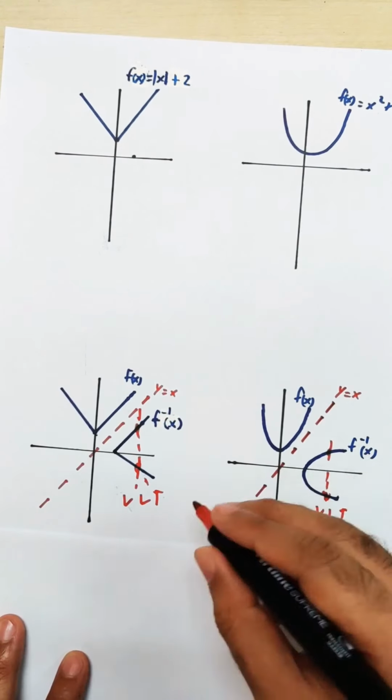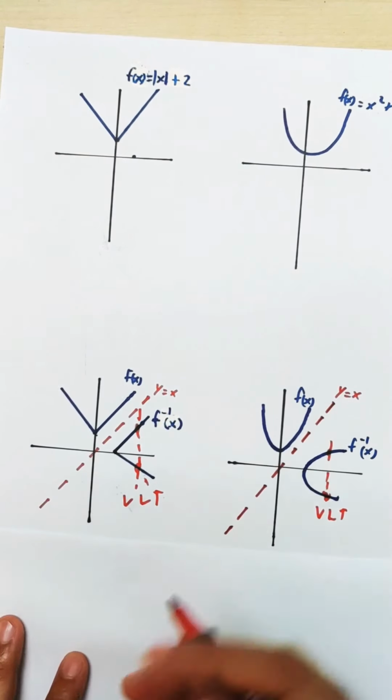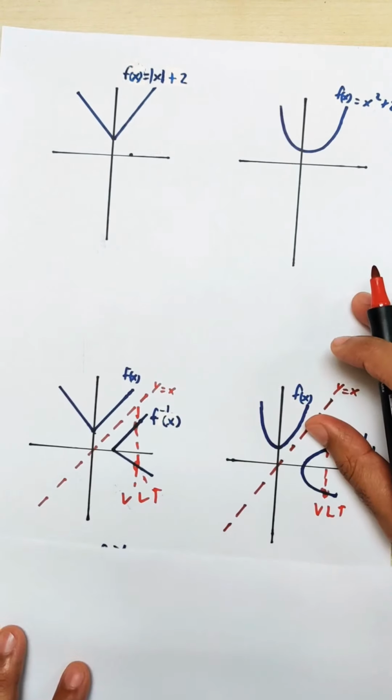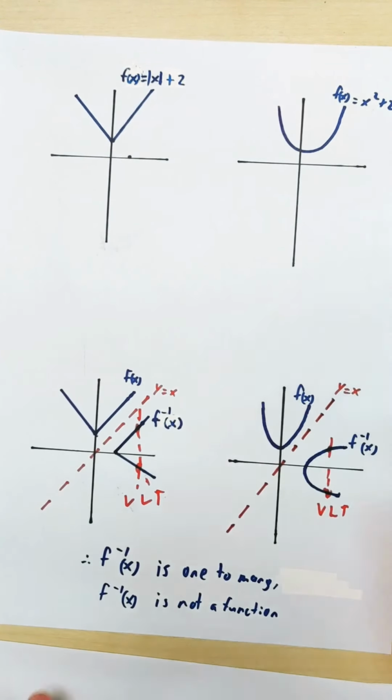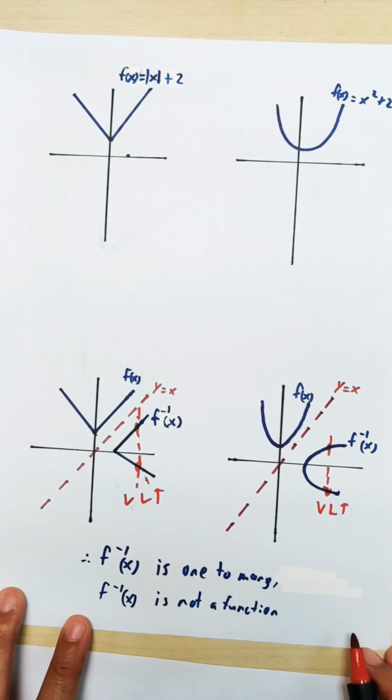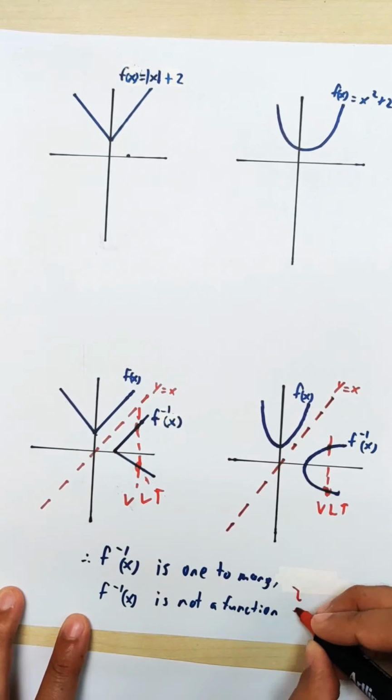If there are two intersections, that means it's not a function. So basically our many to one function has turned into a one to many function. So I can say that f inverse x is one to many, so f inverse x is not a function. So over here I can state as well that f(x) has no inverse.